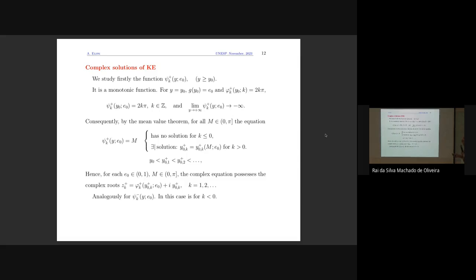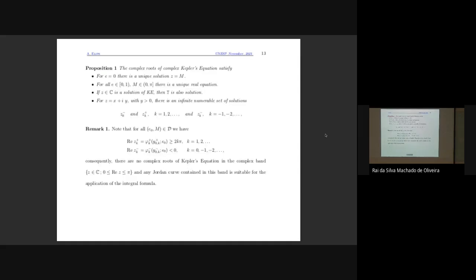So there are many solutions. And this is what is important. The others are details.